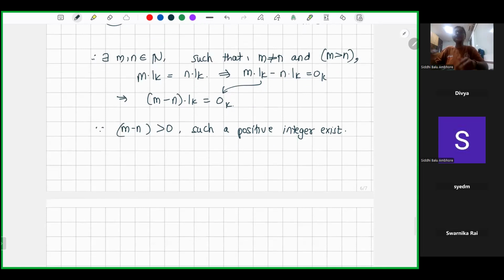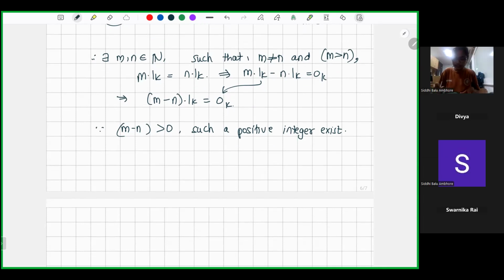Okay, and since we are looking at positive integers, we can take the smallest of that using the well ordering principle, that every non-empty set has a smallest element. So we can take the set of all t in N such that t into 1K is 0.